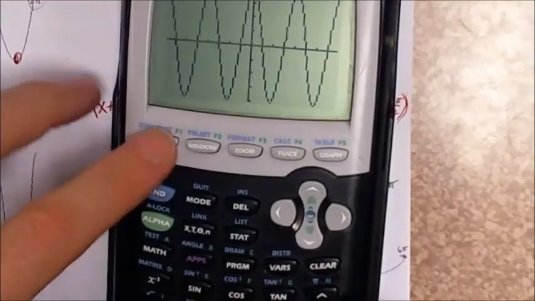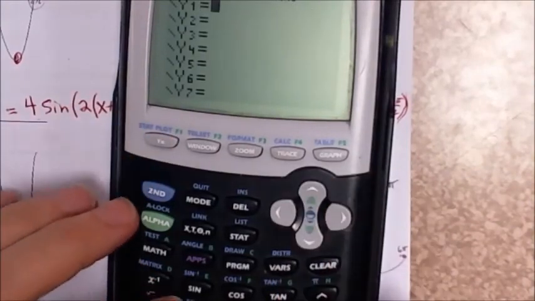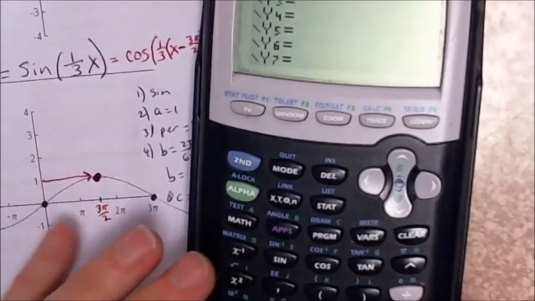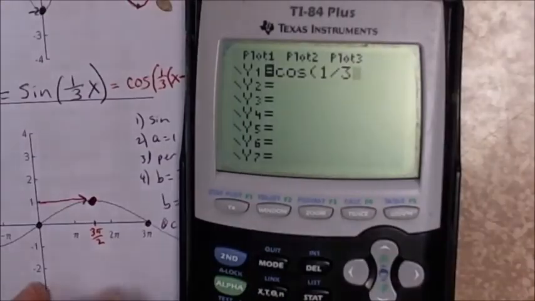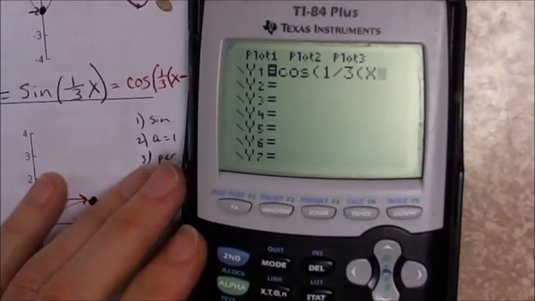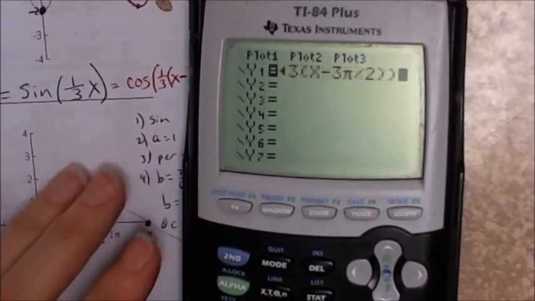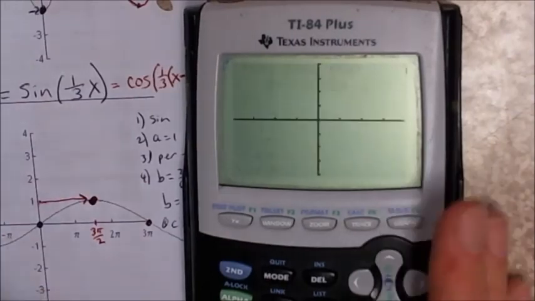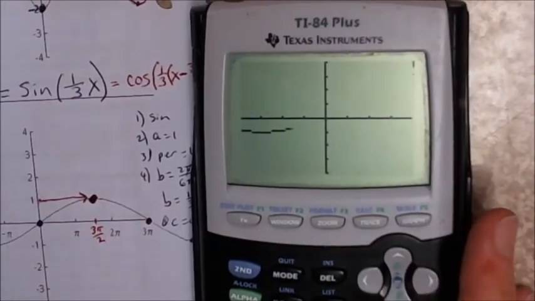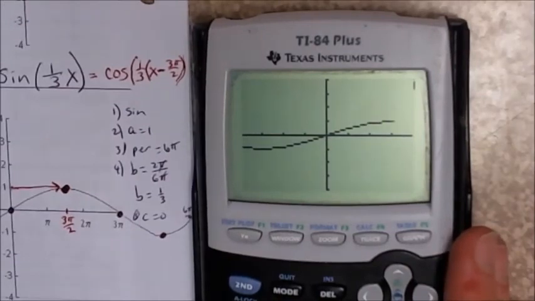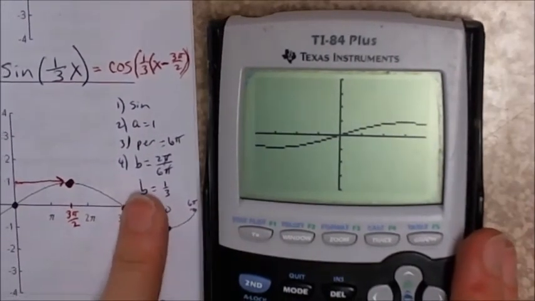Let's make sure. Y equals cosine 1/3 parentheses x minus 3 pi over 2. And then hopefully we'll get that great big long stretched out graph, which is the same thing as our original one.